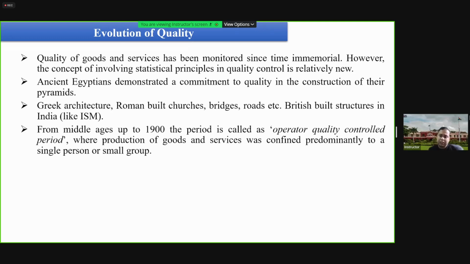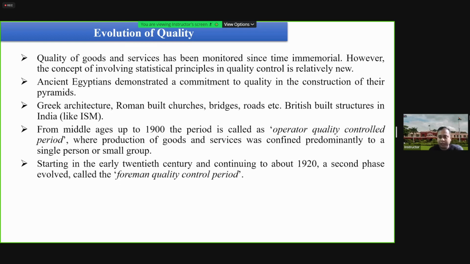Now, with certain advancements, when people started moving from their home setting to maybe a small workshop, that is considered the second phase in the evolution of quality, called the foreman quality control period. There was a person leading a group of 5-10 people, and he was responsible for the quality. He had more knowledge about the various tools, and he was responsible for the quality.